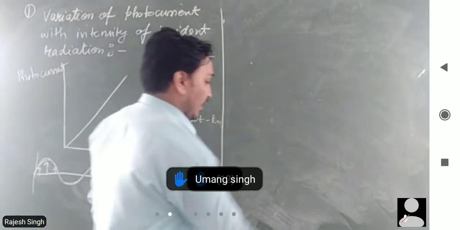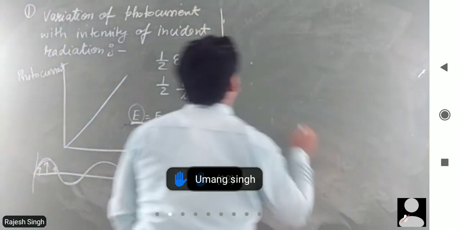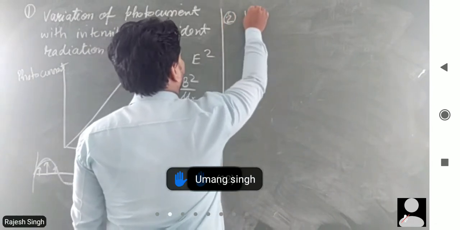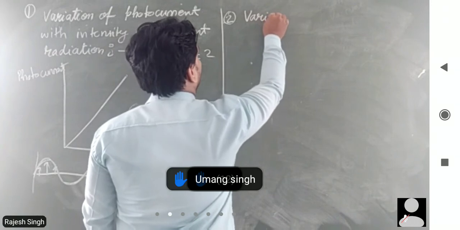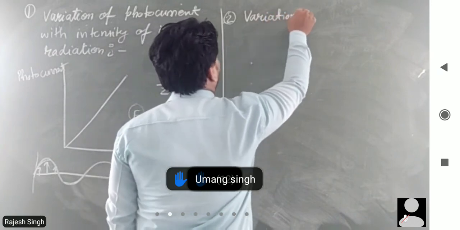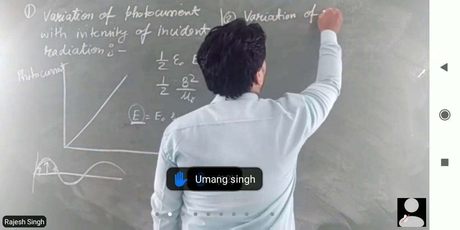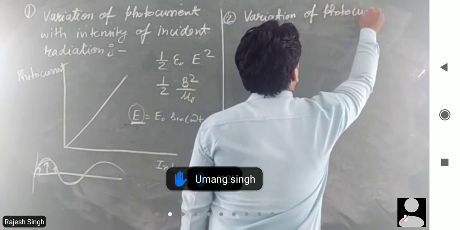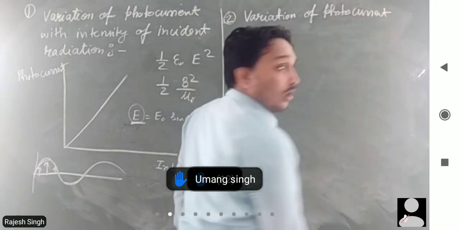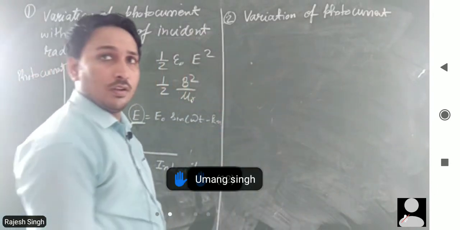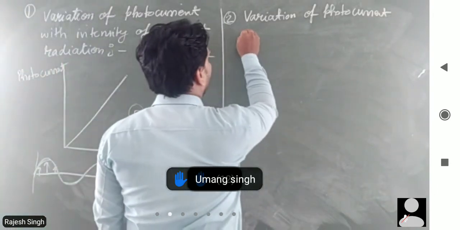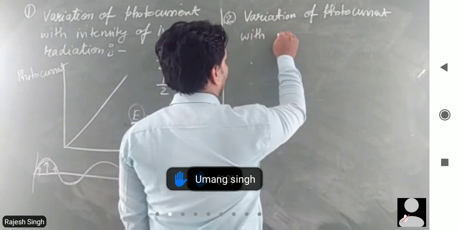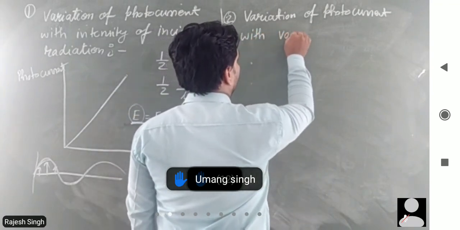Now the second graph we are going to study is the variation of photocurrent with voltage, at constant frequency.